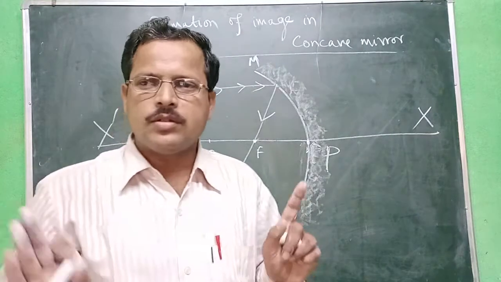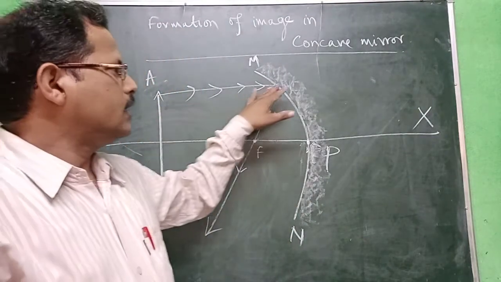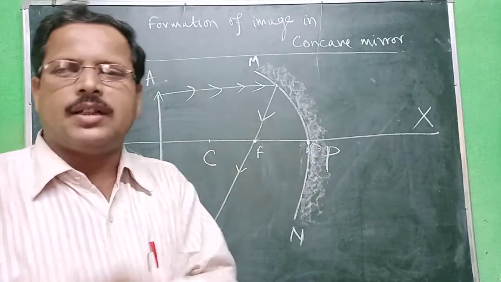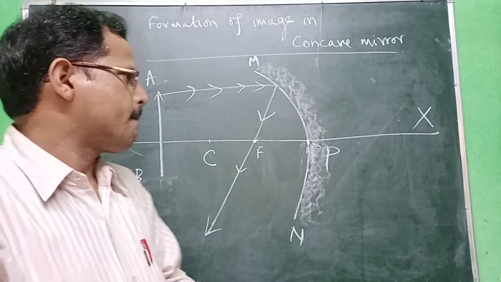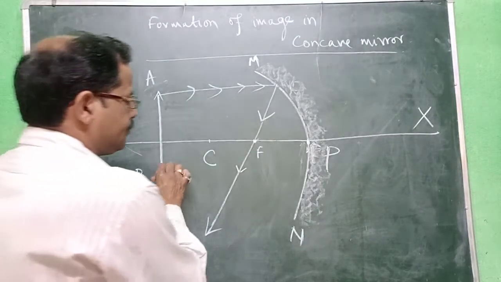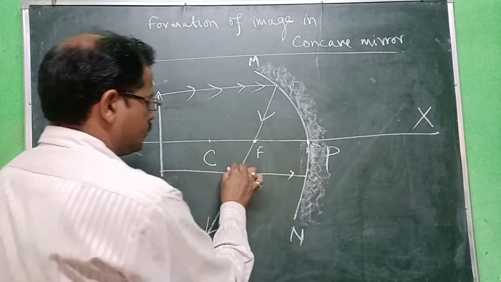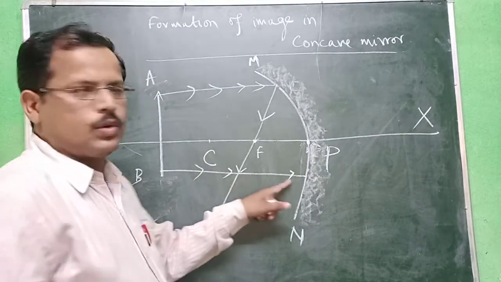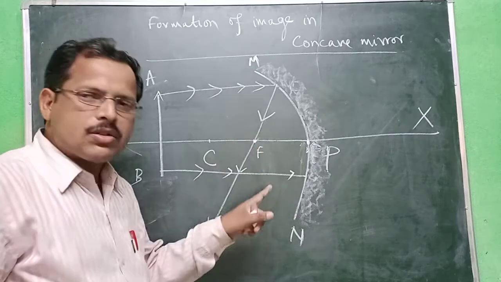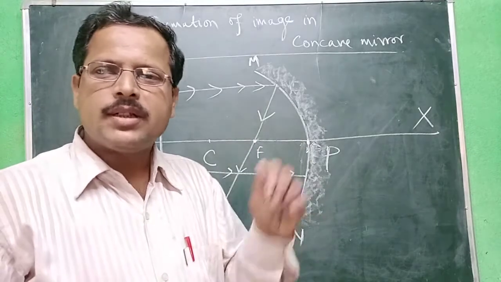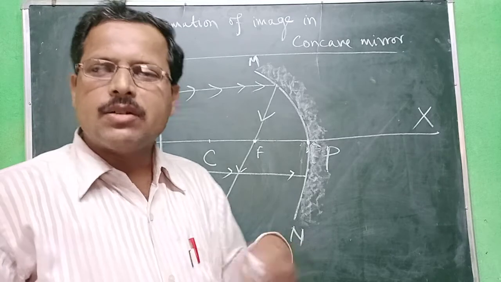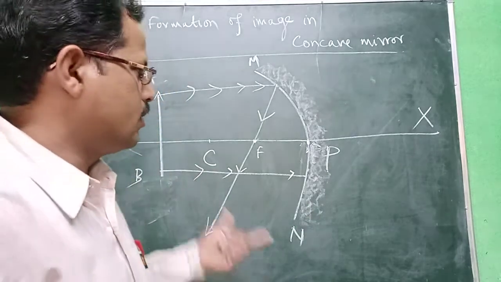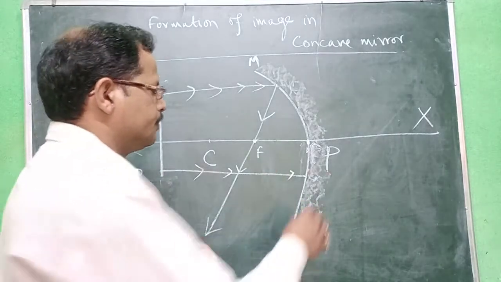One ray is done, the incident ray and the reflected ray. We need another ray to find the image. Suppose another incident ray, which is also coming parallel. Where will it reflect? It also goes back passing through the principal focus, because of the nature of parallel rays.